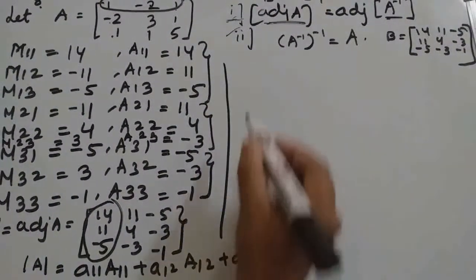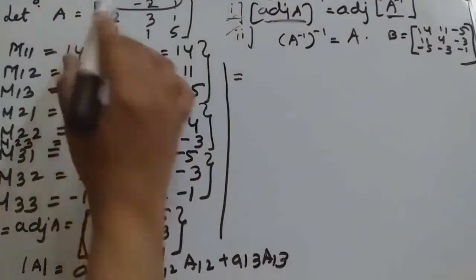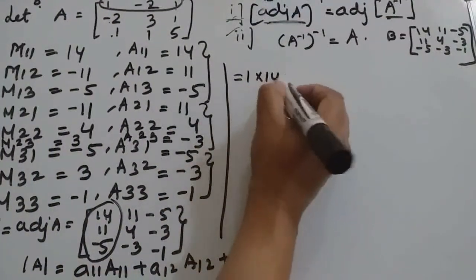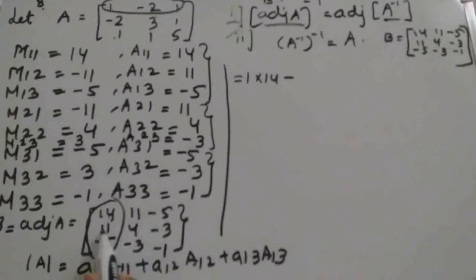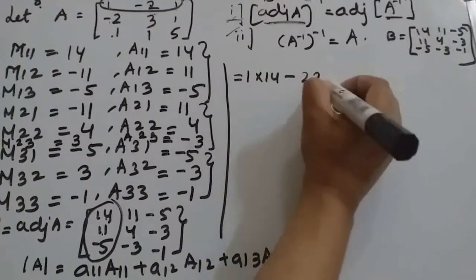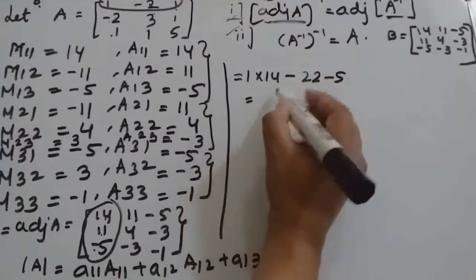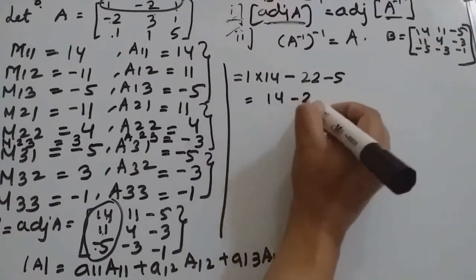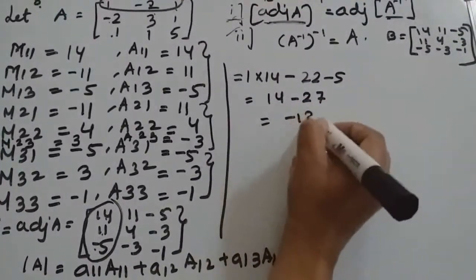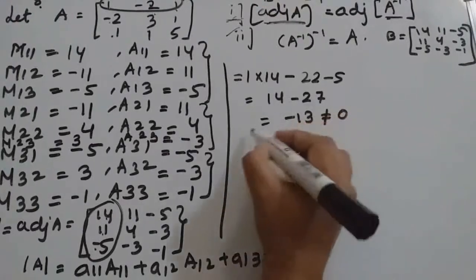So what will be determinant A here? 1 into 14, minus 2 into 11, that is minus 22 will come. Then 1 into minus 5 means minus 5. So 14 minus 27 will give minus 13, which is not equal to 0.